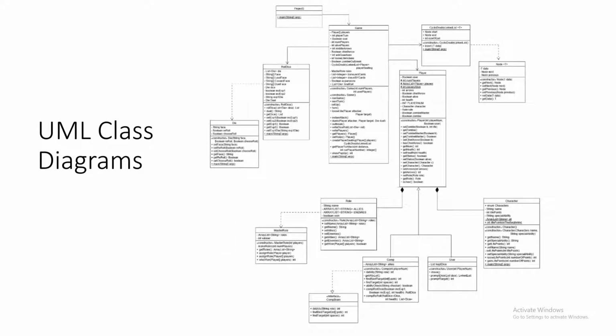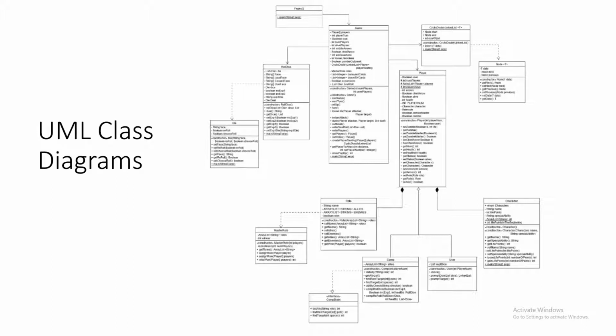Here we have the UML class diagrams. These are all the classes and their associations. Of course, there are dependencies with some classes, and inheritance and aggregation. The aggregation is between the role and character classes to the player, because a player cannot play the game without a role and a character.